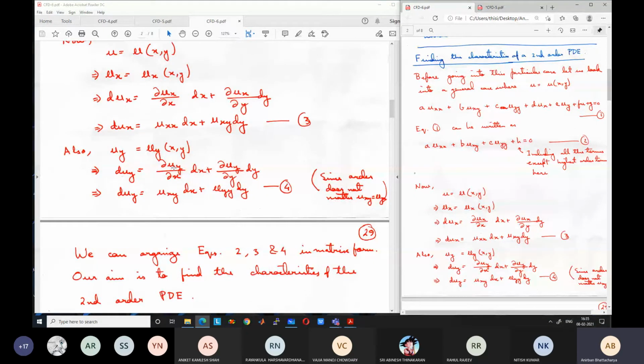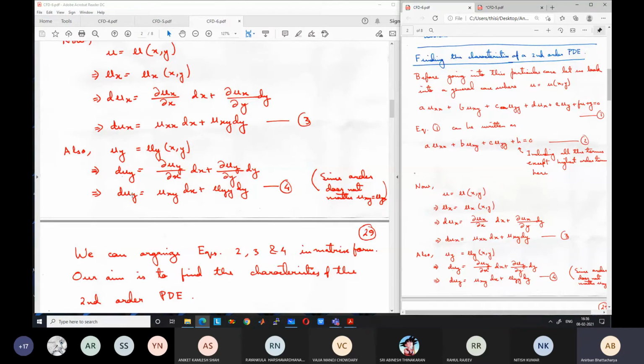Because the order of the derivatives does not matter, I can write u_yx as u_xy, so u_xy dx. The second term is the double derivative with respect to y, so u_yy dy. Let us call this equation 4: du_y = u_xy dx + u_yy dy. This is similar in nature to equation 3, but slightly different, because we started with u_y instead of u_x.